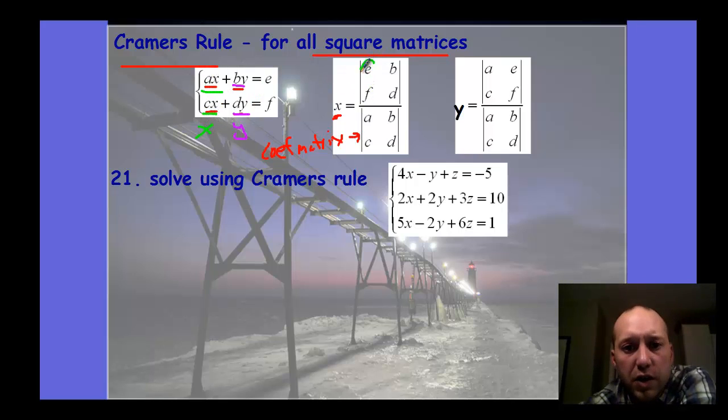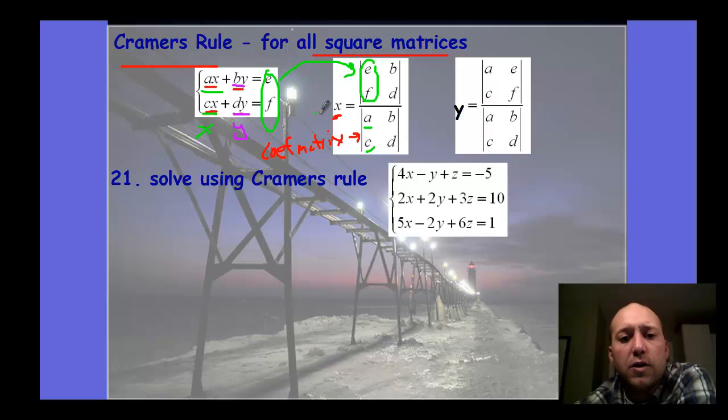So you notice how these x values that were A, C have been replaced with the solutions or the constants. So if we're going to solve for x, we're going to replace the x column in the coefficient matrix with the solutions, and that's your new numerator to find the determinant of.